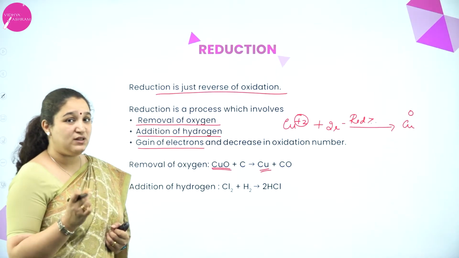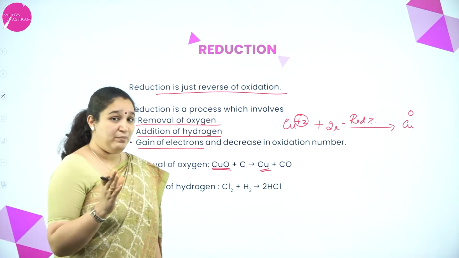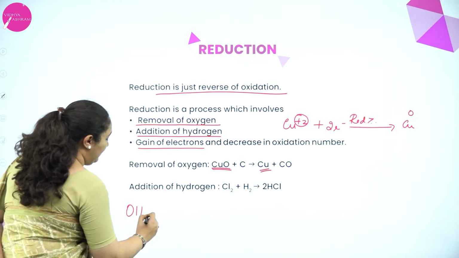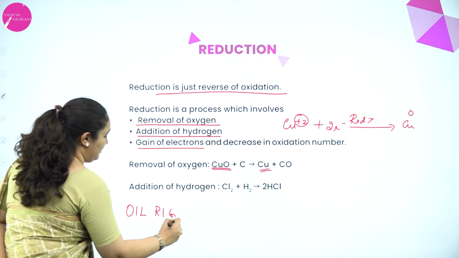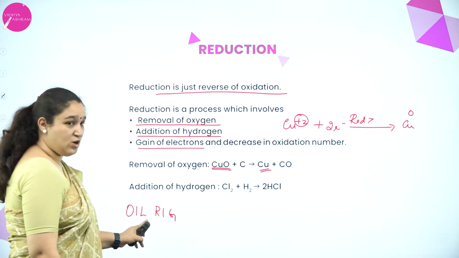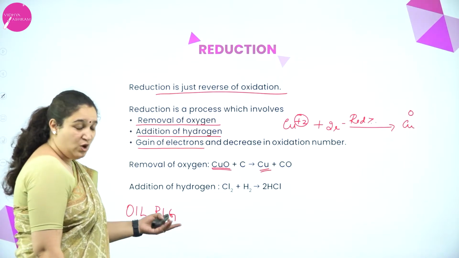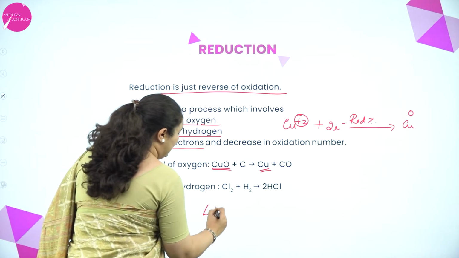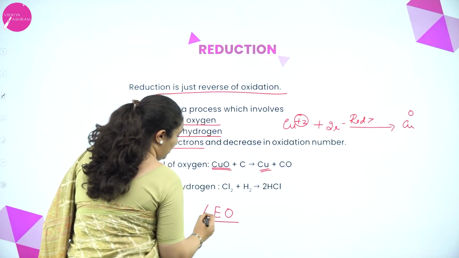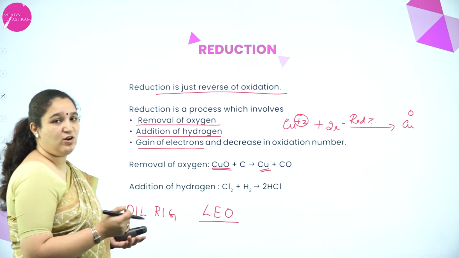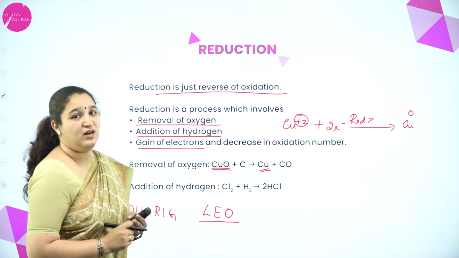So to remember, there is a shortcut. You can either remember OIL RIG, that is oxidation is loss of electron, reduction is gain of electron, or you can remember the word LEO for oxidation. Loss of electron is oxidation. So obviously opposite, gain of electron will be what? It will be reduction.